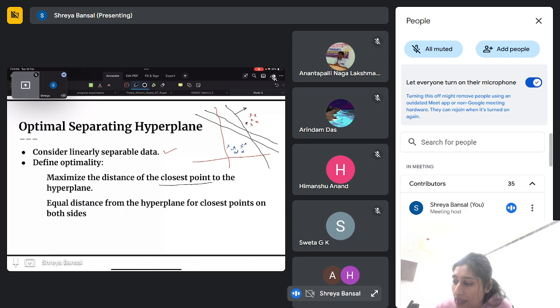I want a hyperplane in between these two closest points, which will first maximize the distance between the hyperplane and these closest points. Secondly, this hyperplane should be at equal distance from the blue class as well as from the red class. It means it should be exactly in between these two points. Is that clear? So two things: maximize the distance, and equal distance. Is it good?